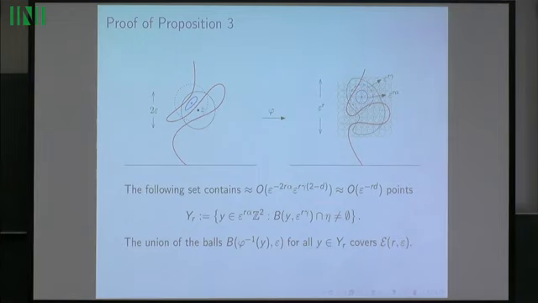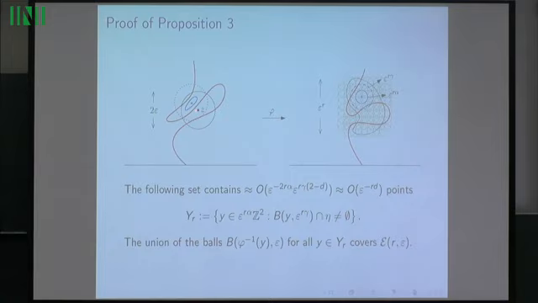And then we claim that the union of all these balls, if we take the preimage of Y and draw a ball of radius epsilon, will cover this set E_r^epsilon. This is because this ball is in the preimage of this circle, so it will cover this point z.